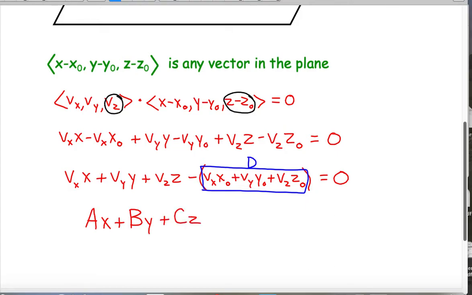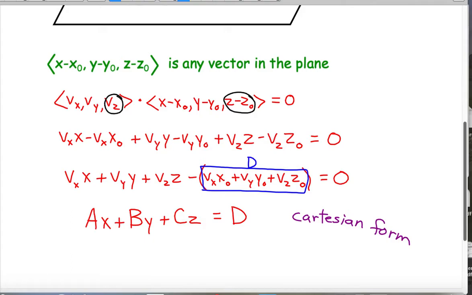And we'll have specific numbers for a, b, and c in a particular problem, equals d, and d is all that other stuff in parentheses. And so there is your equation of the plane. This is the Cartesian form for the equation of a plane.